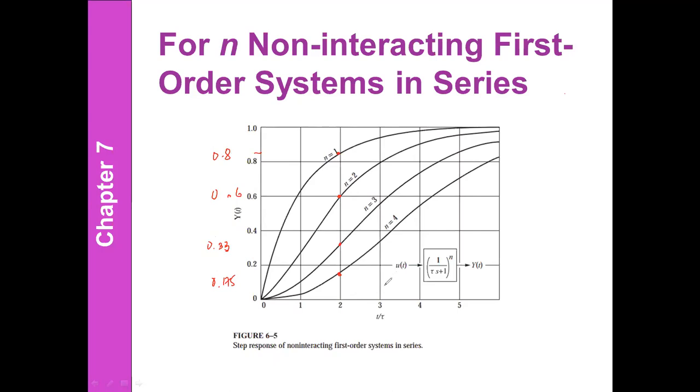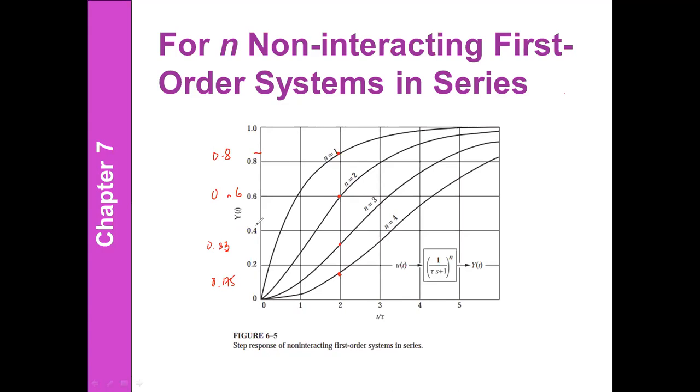So the more and more tanks you attach to your system, the response is getting slower or sluggish, as the term that is used by your book. So if you have 1 tank, it reaches 0.8 at the same time, but the more you add to it, it becomes really sluggish, which is actually, class, very self-explanatory.